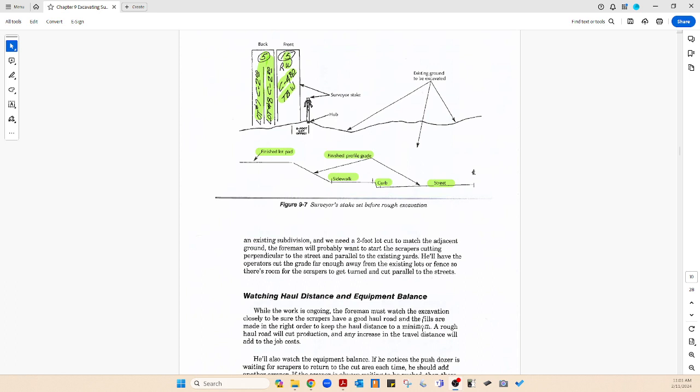Yeah, here on my notes I have haul distance and equipment balance. Hold it before I read that. I want to talk about a mass haul diagram. And I have it, where do I talk about that?